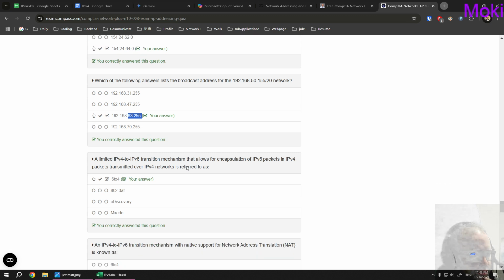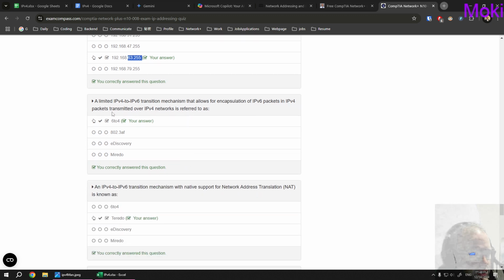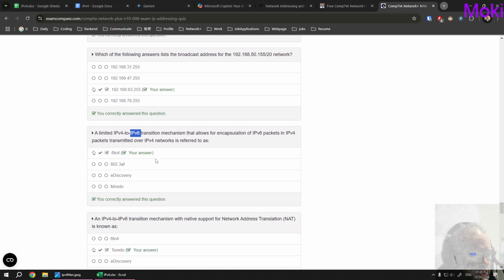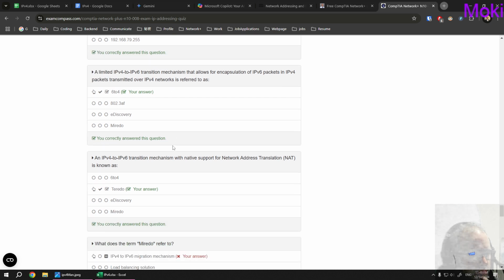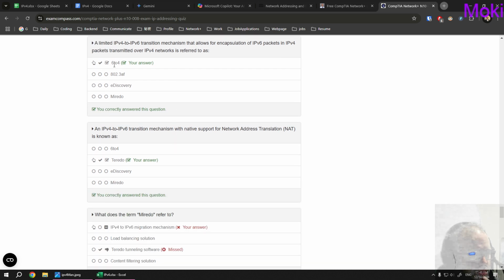There it is. All right, now it talks more about IPv6. 6to4 is a limited transition mechanism, you know, IPv4 to IPv6. It encapsulates IPv6 packets inside IPv4.